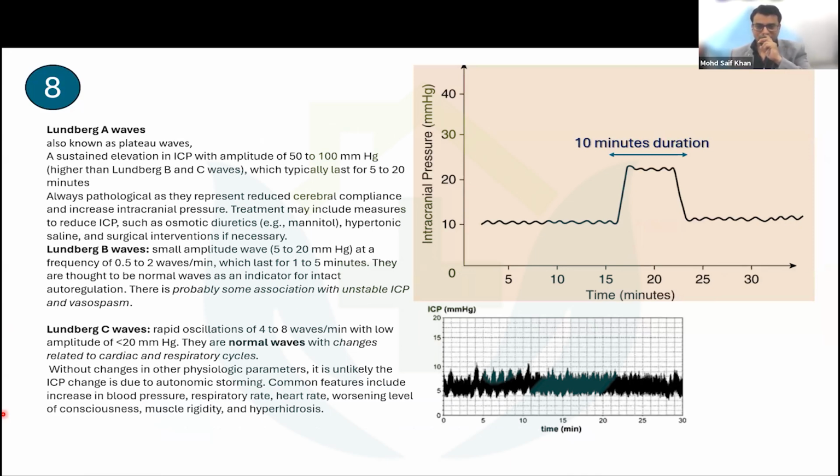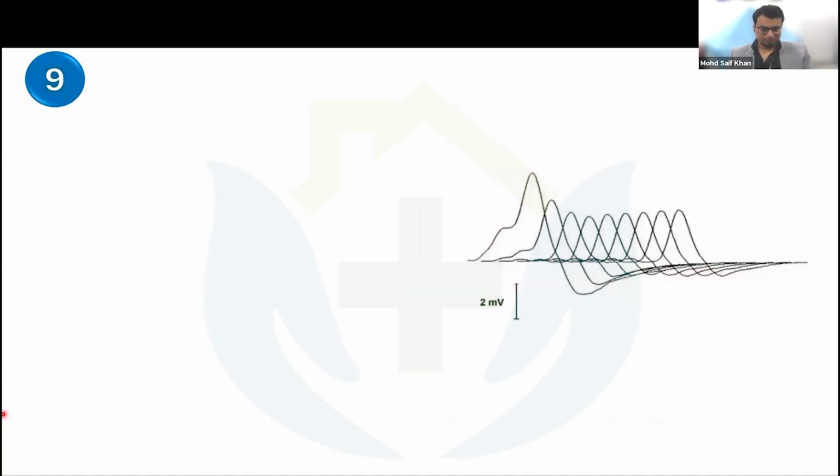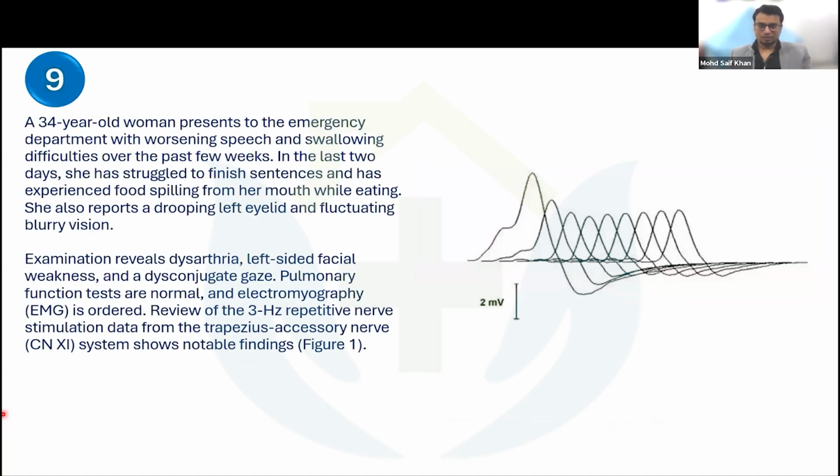Lundberg B waves are shorter, less than 5 minutes, with small amplitude and a little higher frequency. But Lundberg B could be associated with vasospasm. This is significant. And Lundberg C are normal waves. So usually in exams A and B will be asked. That's why we have kept this here.